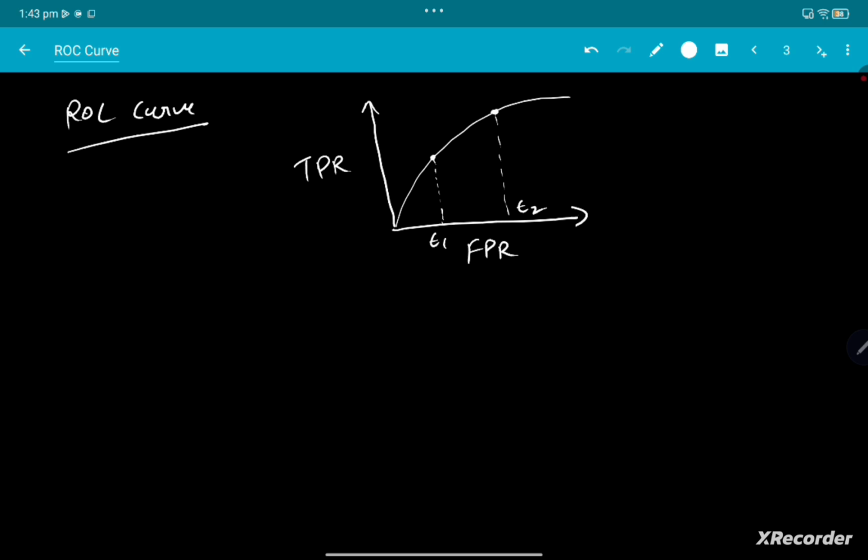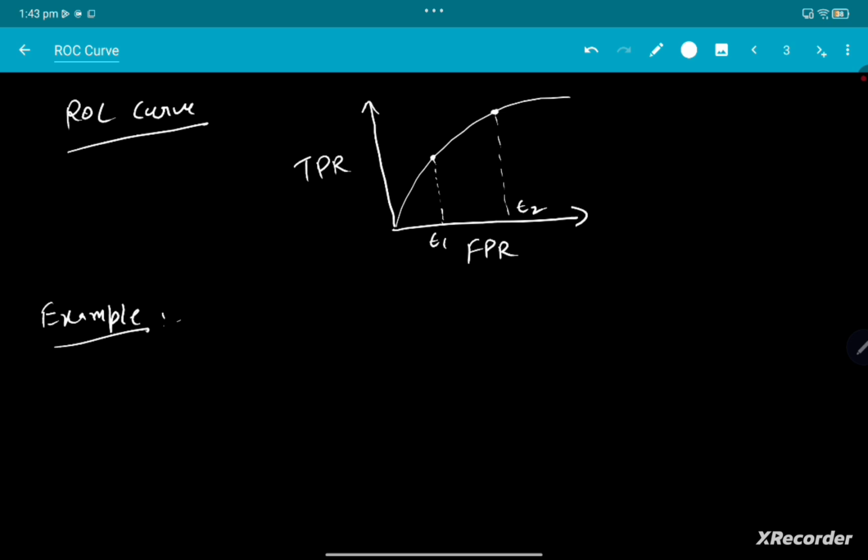Now to understand the relation between true positive rate and false positive rate, we will consider one example. In this example let us consider 5 samples.